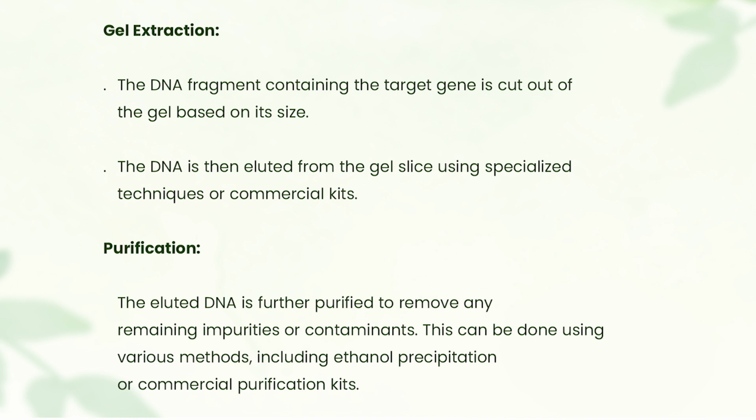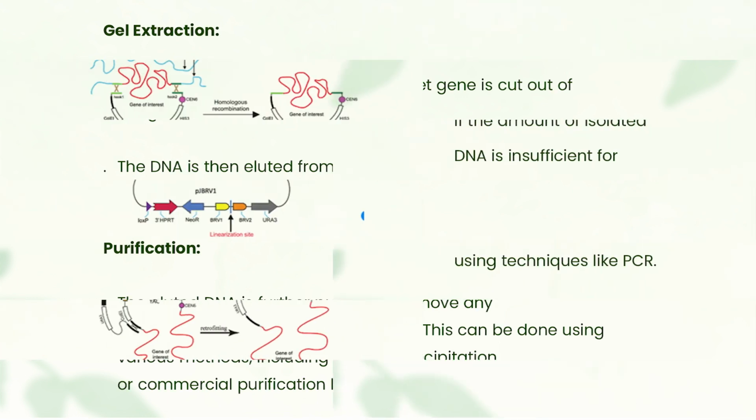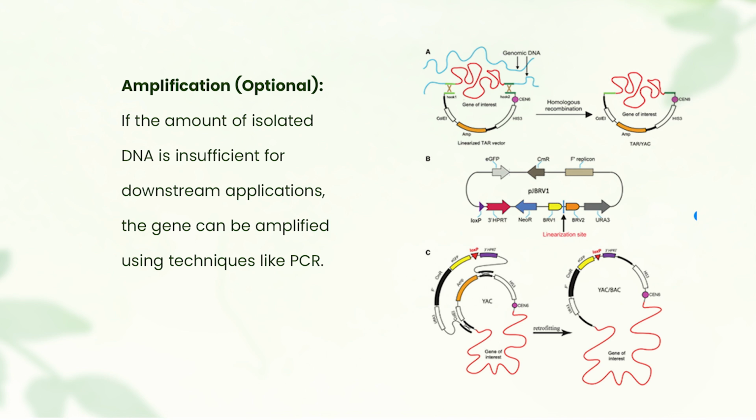This can be done using various methods including ethanol precipitation or commercial purification kits. Amplification is optional if the amount of isolated DNA is insufficient for downstream applications. The gene can be amplified using techniques like PCR. This is the whole process, you can see clearly here.